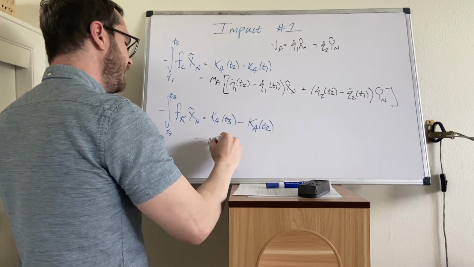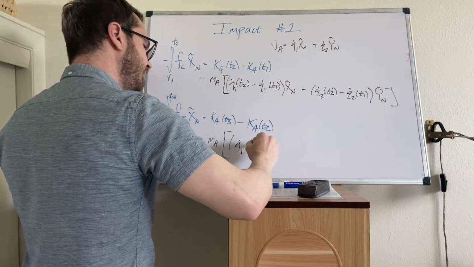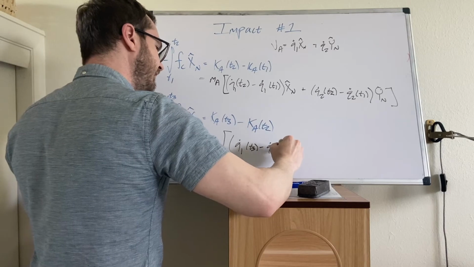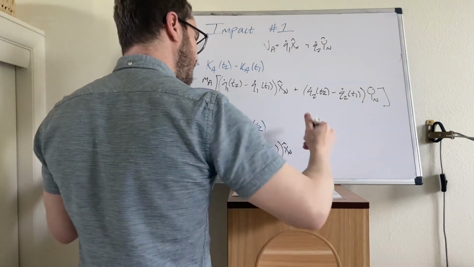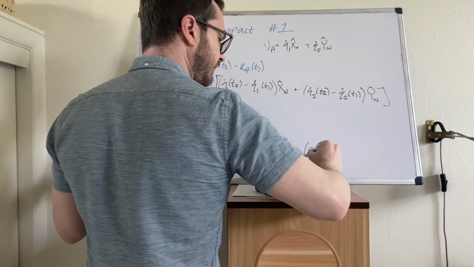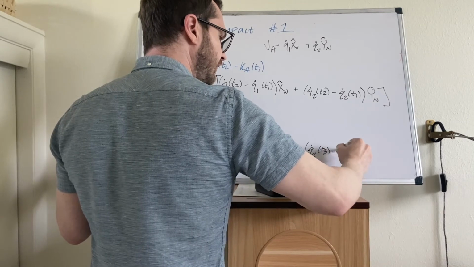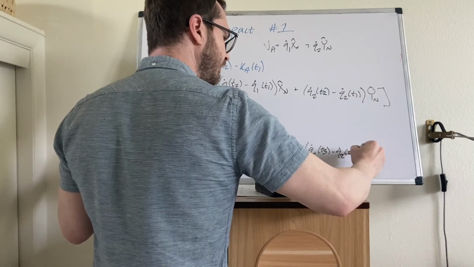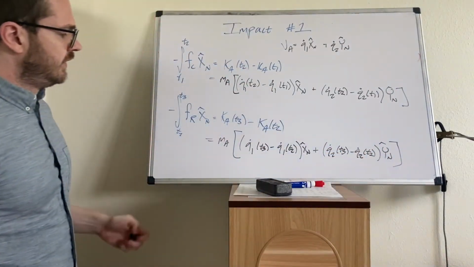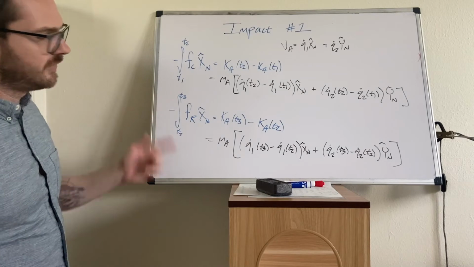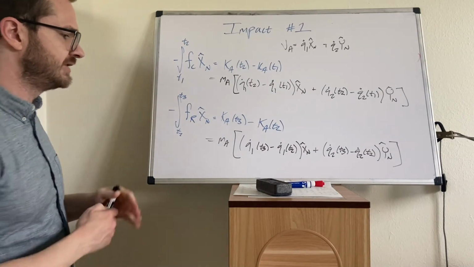So ma times q1 dot T3 minus q1 dot T2 in xn, plus q2 dot T3 minus q2 dot T2 in yn. All right, so here's our two equations, our compression and our restitution equation.